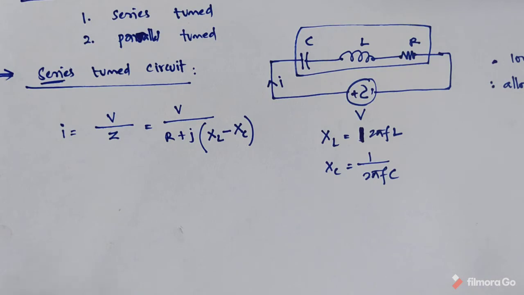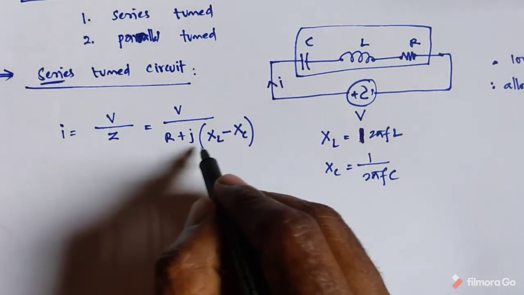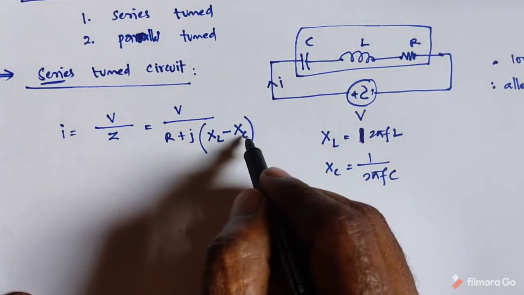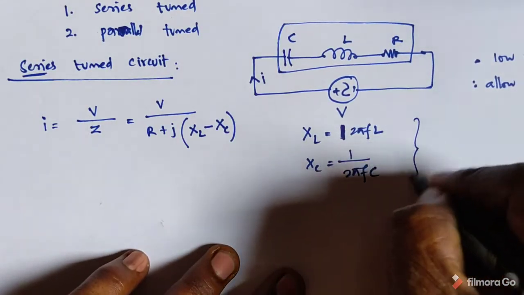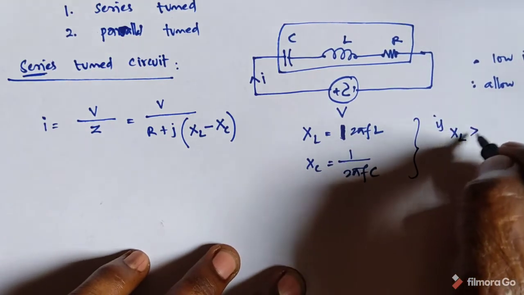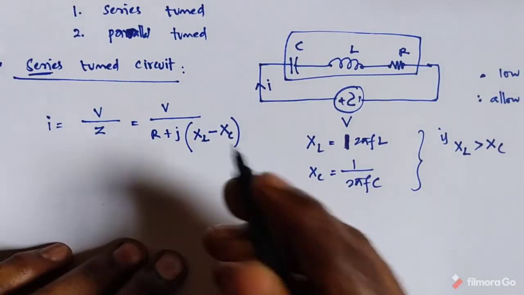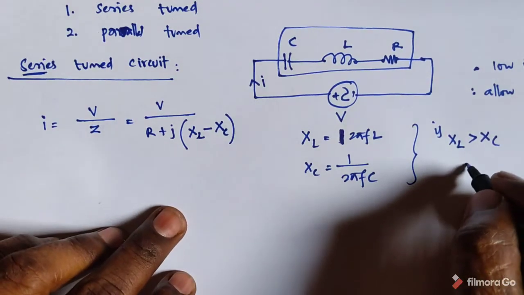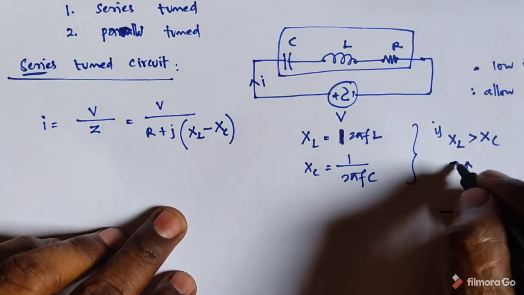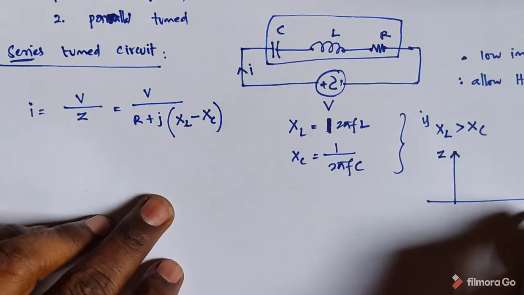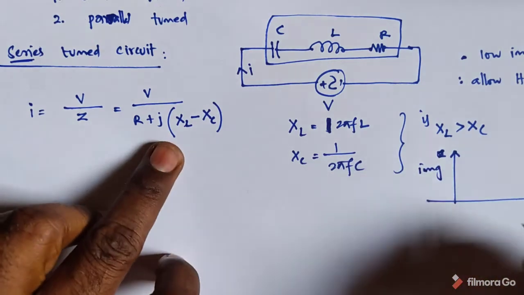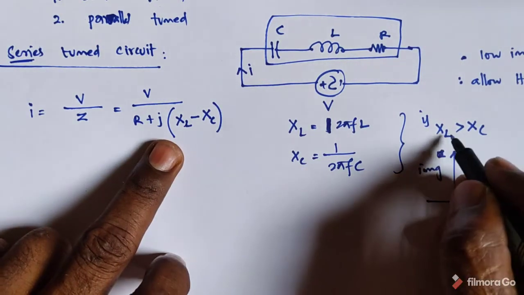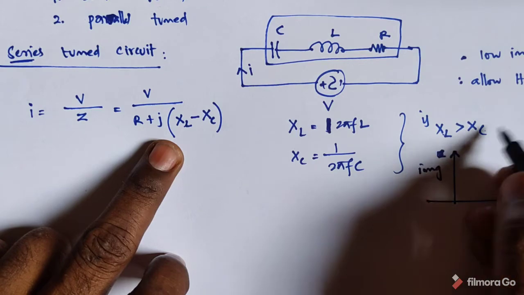If you take the RL circuit, RLC circuit and RC circuit, you can have this type of responses. If the inductance or the capacitor is 0, and if XL is greater than XC, what is the total impedance? The final impedance on the y-axis Z is equal to the real value plus the imaginary value. In this imaginary function, if XL is greater than XC, the XC value is neglected.